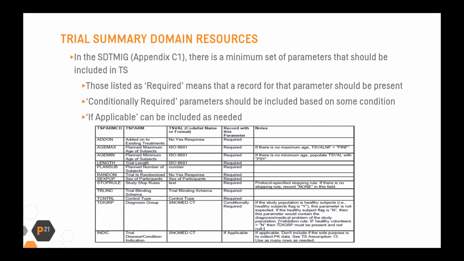So those that are listed as required in this appendix means that the record for that particular parameter, TSPARM and TSPARMCD, needs to be added to the trial summary domain. Parameters that are conditionally required would be included based on some particular condition. And then we also have, if applicable, parameters that can be included as needed if they apply to your particular trial.